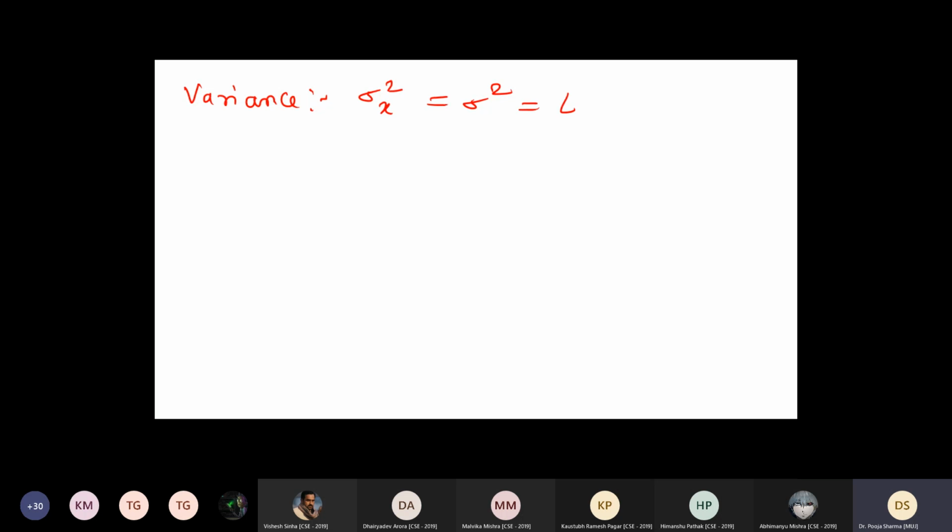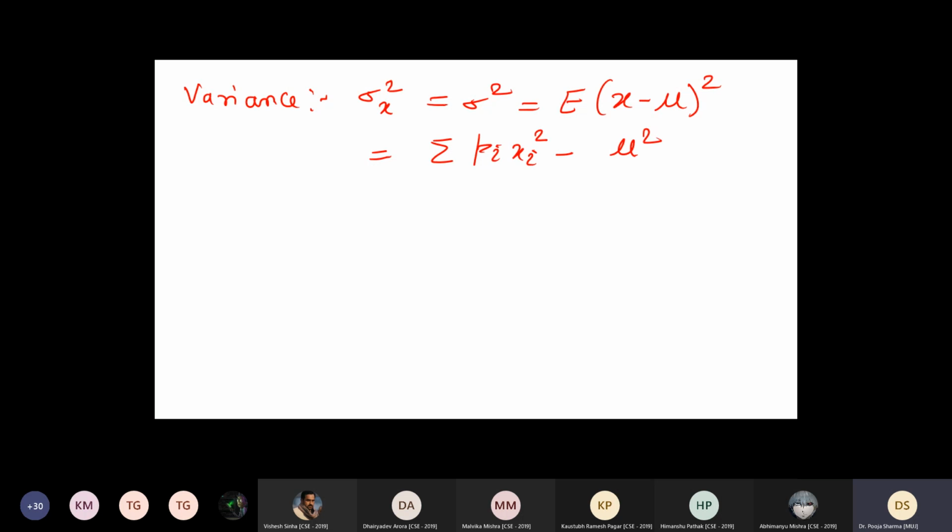And it is given like expectation of (x minus mu) whole square, and I have solved it in the class also. You can transform this value in terms of the mean value, and this term becomes summation over pi xi square minus mu square.